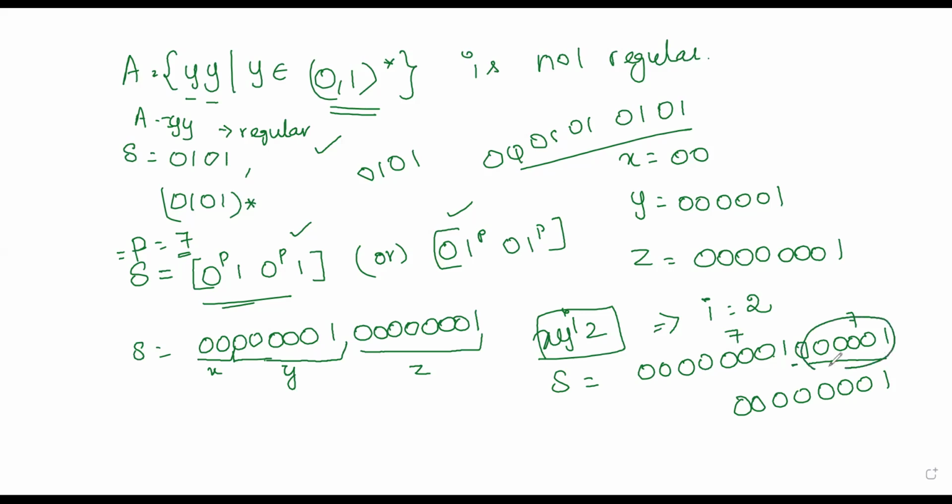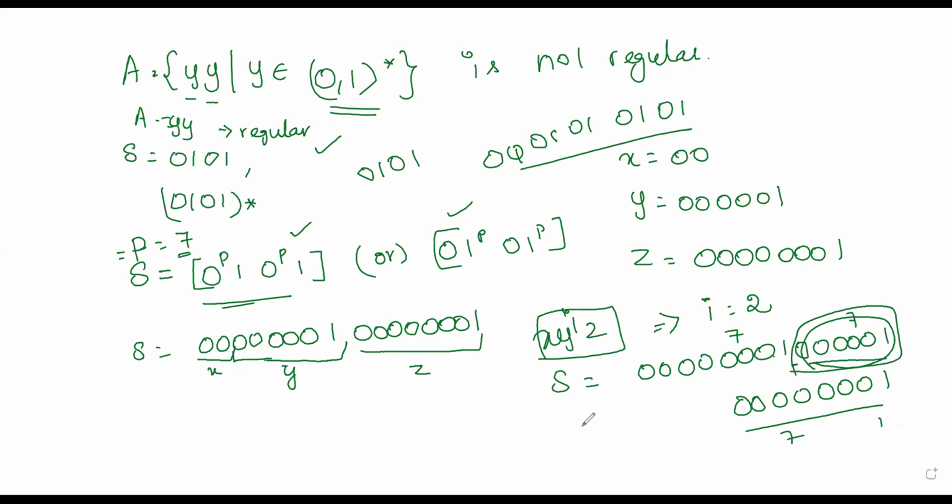In between you have some other type of string, and only at the end you got 7 zeros followed by 1, but in between that particular format is not followed. If it is a regular language, this rule would be followed. But now it shows that it's not a regular language.